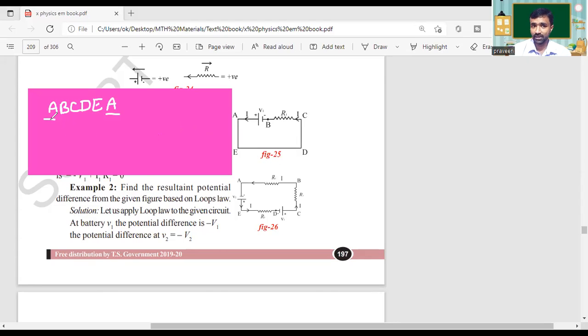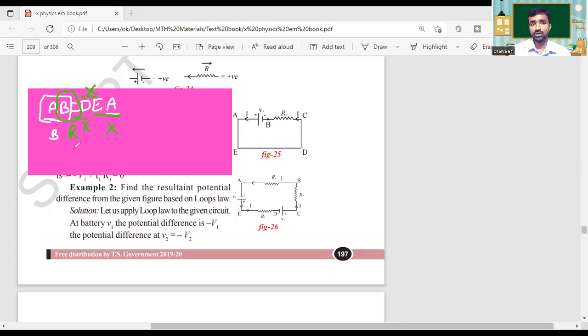So A to B, I have one component, that is a battery. Then B to C, oh, sorry, I have a resistor B to C. Then the remaining C to D, D to E, E to A, there are no components.